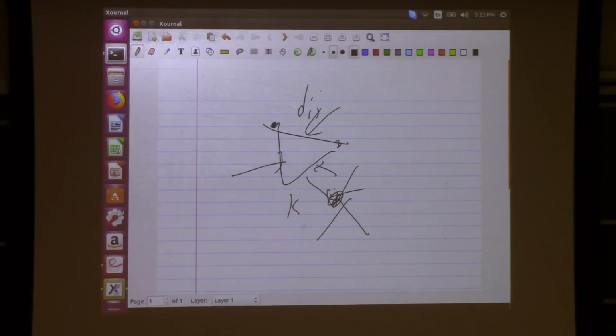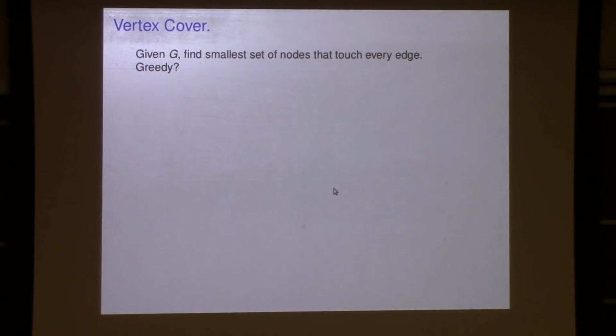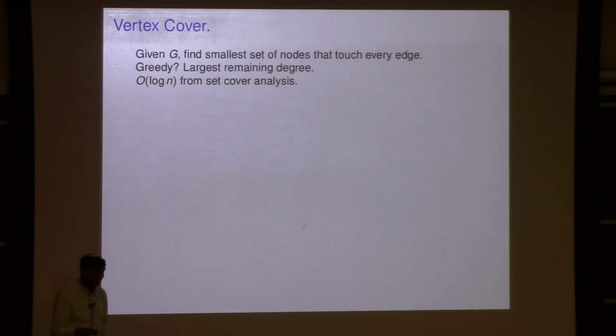So you can imagine what might be a reasonable heuristic: pick the vertex with largest degree. We know what that does. We know already that's a pretty good algorithm, and we can prove a bound on it. We know that's O of log n from the set cover algorithm.